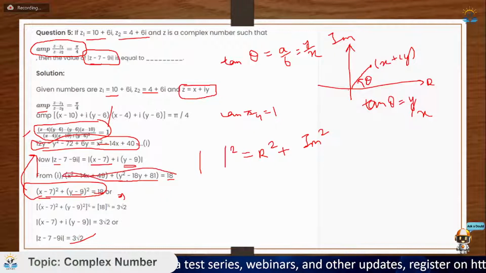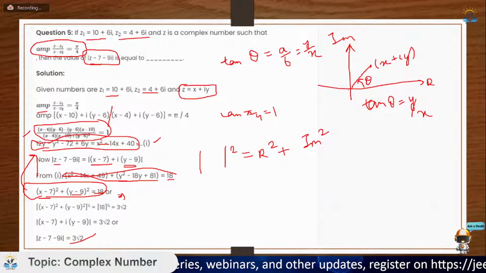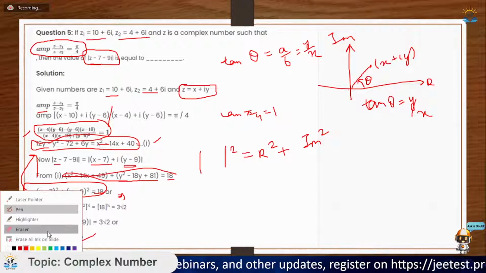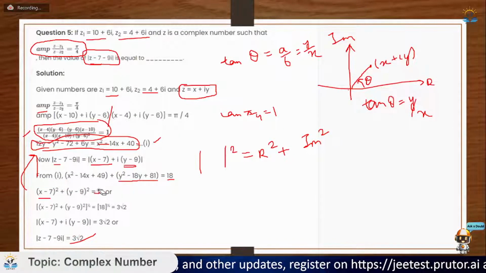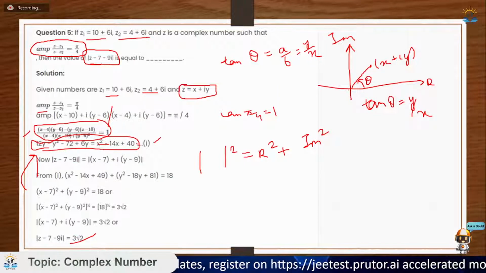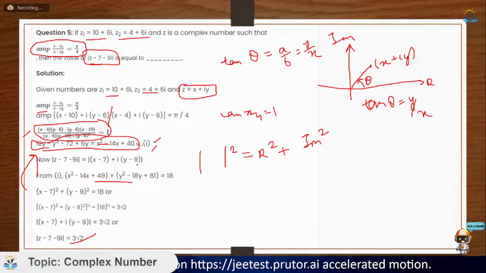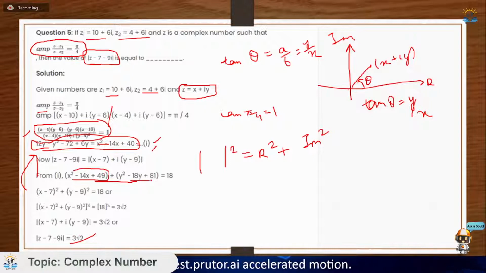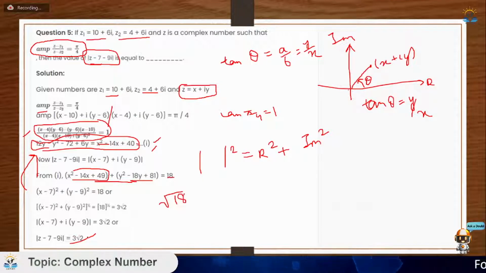This equation is same as this one. So from there, you know that this is nothing but (x minus 7) square and this is nothing but (y minus 9) square. So you got it equal to 18, but you just need to calculate the value of the mod of this thing. So you take the square root of 18, and root 18 is nothing but 3 root 2. So 3 root 2 is your final answer.